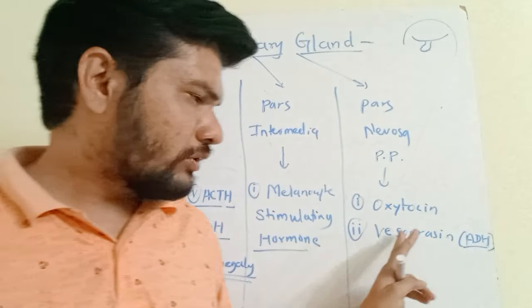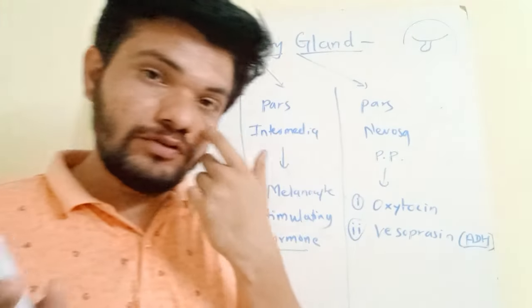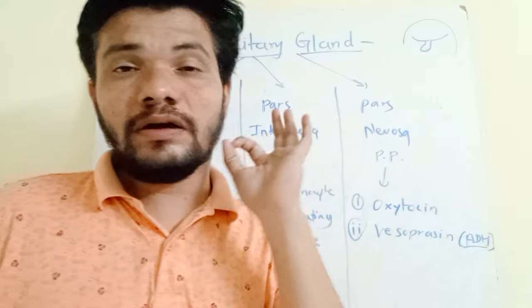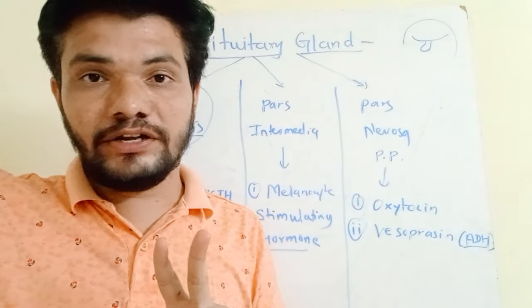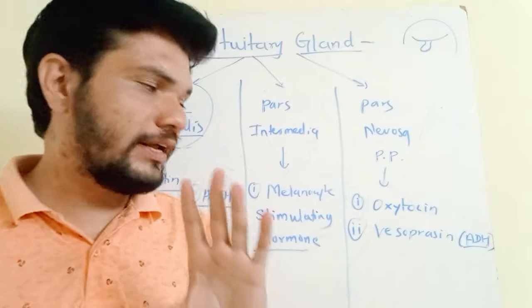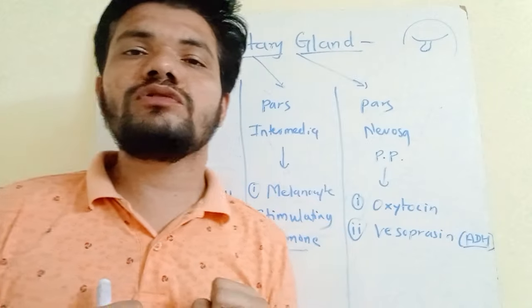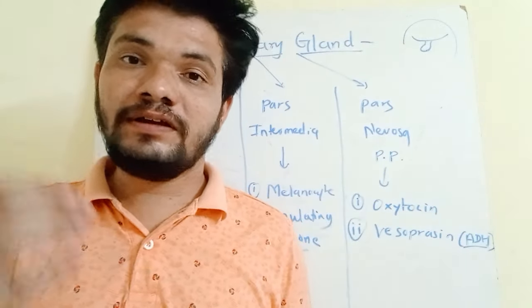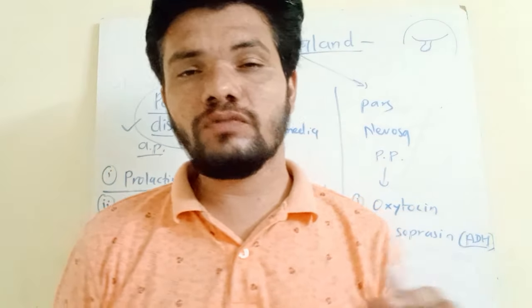I have talked about ADH in that video, but if you are watching my video for the first time, let me just give the hint. The ADH helps in the reabsorption of water and electrolytes from the distal convoluted tubule in the nephron, which is normally not happening. So whenever your body needs to conserve water, ADH will help to conserve the water, and it will prevent the loss of water through the urine.